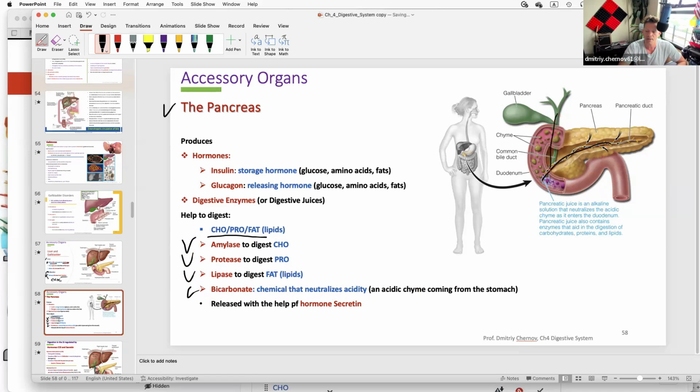There are common ducts here. So secretin acts on the pancreas to release bicarbonate, and CCK acts on the pancreas to release these 3 enzymes.